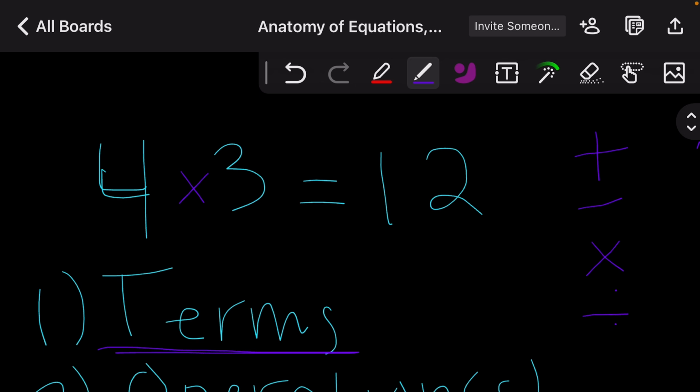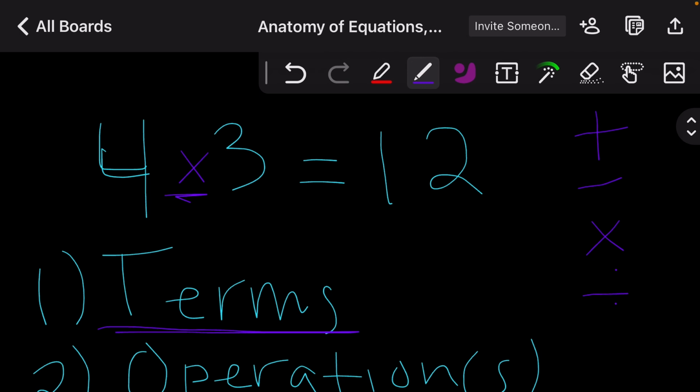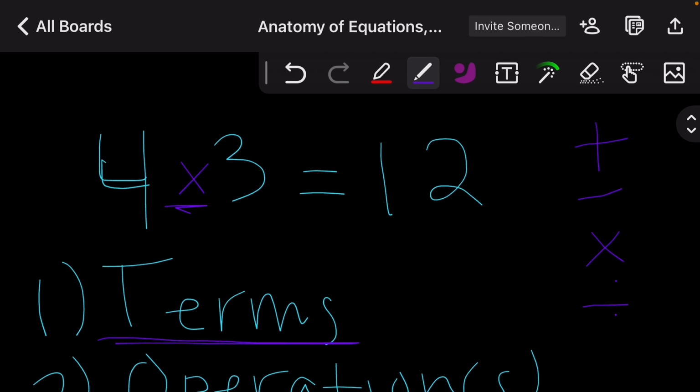Of course, the most recognizable way is the X symbol that we have right here. We read this as 4 times 3 equals 12. And again, this is one of our operations, multiplication.